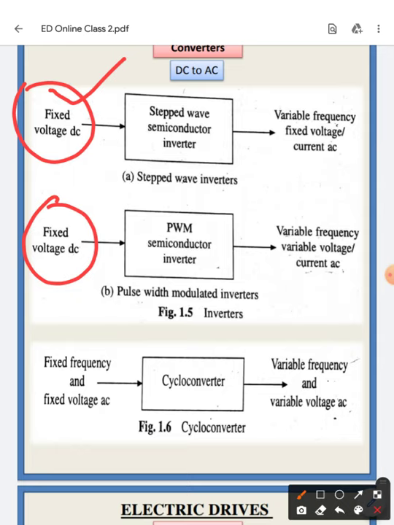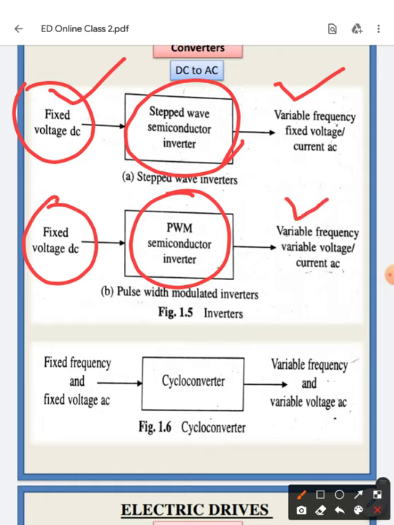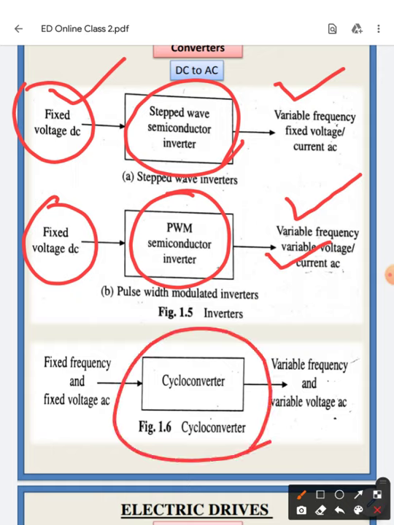It can be changed to variable frequency, fixed voltage by using the stepped wave semiconductor, or by using the PWM semiconductor we can also change the frequency at variable voltages. But in the third case, the input is a fixed frequency and fixed AC voltage, whereas in the first two cases the inputs are DC, right?